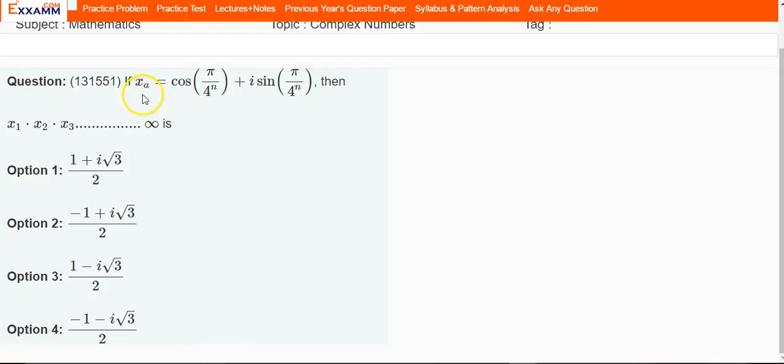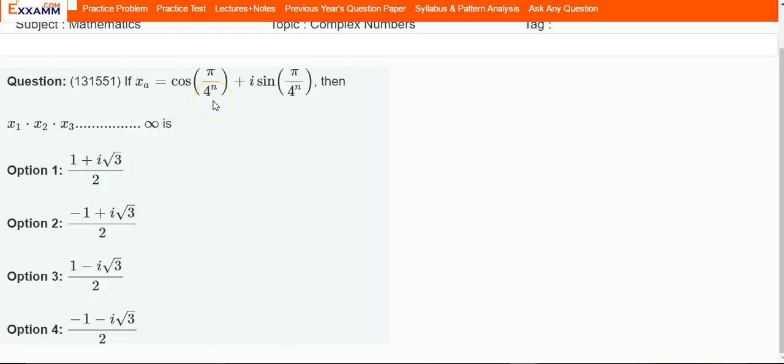Now let us take a very simple example of de Moivre's theorem. In this example, the value of xn is given as (cos pi by 4 plus i sin pi by 4) to the power n. Then we have to find the value of x1 x2 x3 up to infinity. So that x1 becomes cos pi by 4 plus i sin pi by 4, etc. Now, what is this multiplication?